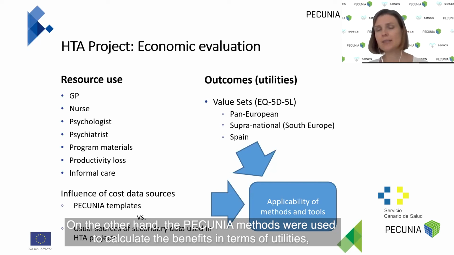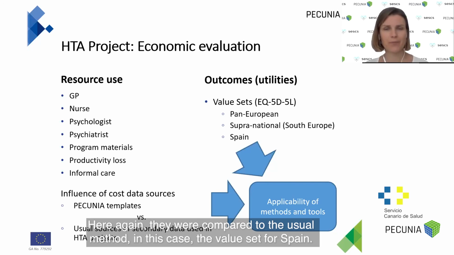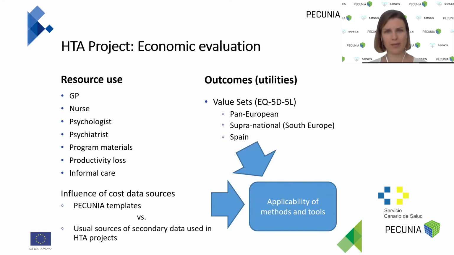On the other hand, the PECUNIA methods were used to calculate the benefits in terms of utilities, applying the pan-European and supranational value sets developed during the project. Here again, they were compared to the usual method, in this case, the value set for Spain.